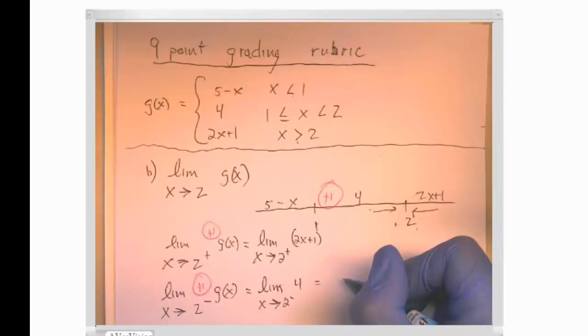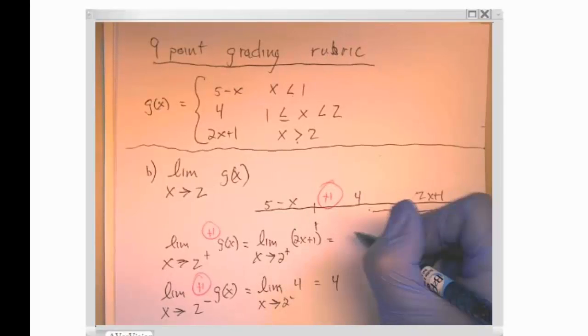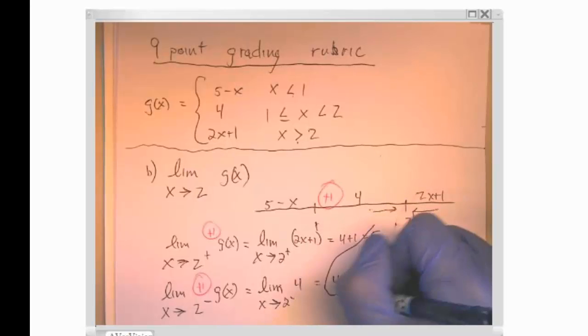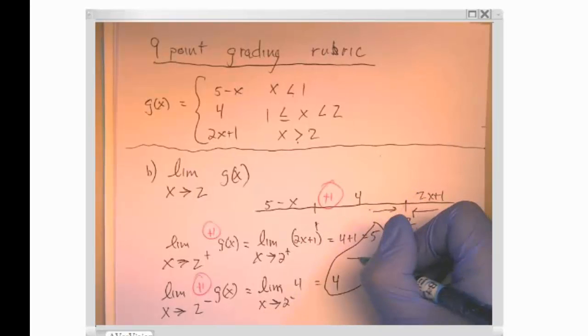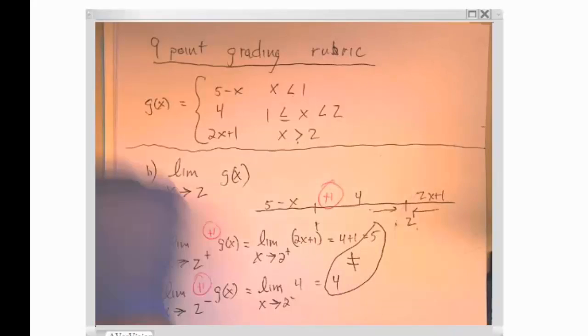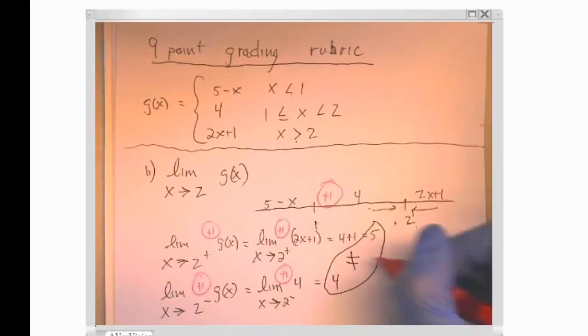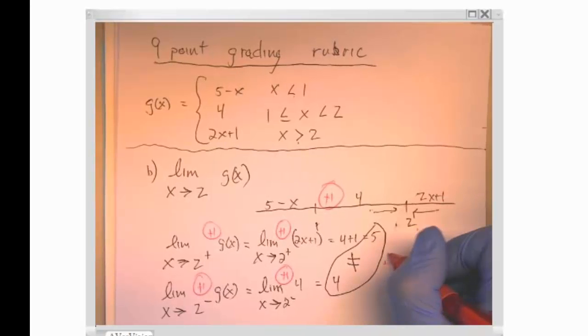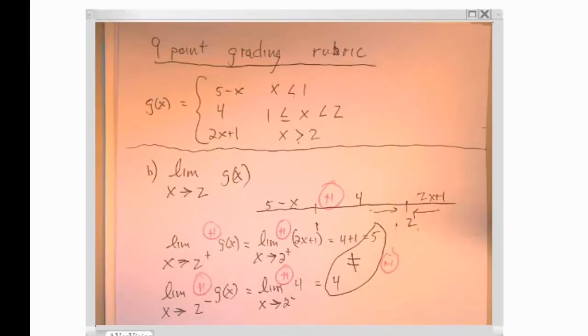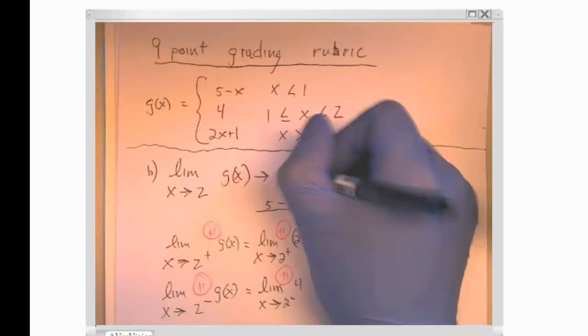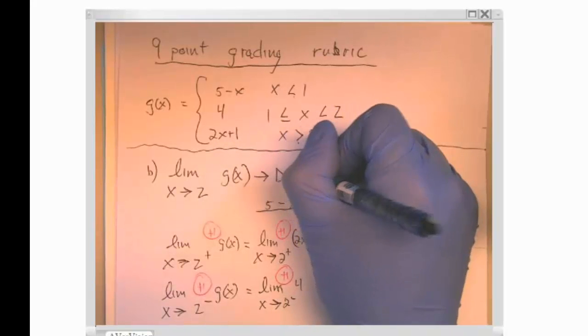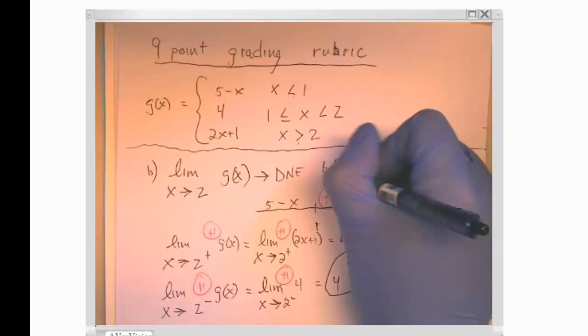Approaching 2 from the left side, we're using the constant 4. And here we circle these two values and indicate that they're not equal. So here's a point for replacing g of x in both the one-sided limits, and now a point for indicating that the two one-sided limits are not equal.